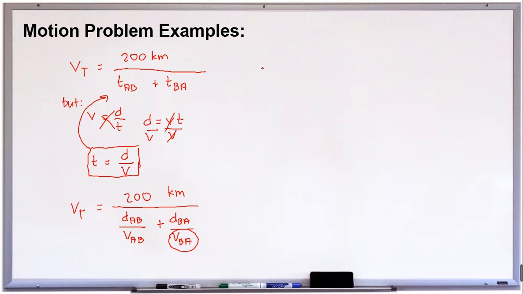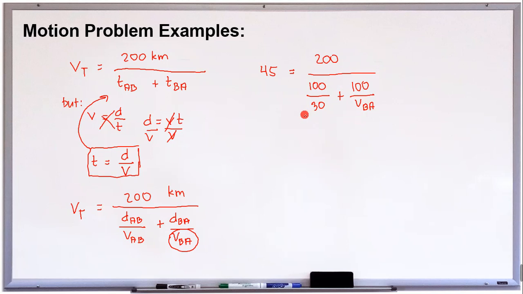Okay, so VT is 45 is equal to 200, then all over the distance from A to B is 100 over the average speed in traveling from A to B is, I forget the value, that is okay, 30, then plus 100 over this one is the unknown, VBA.